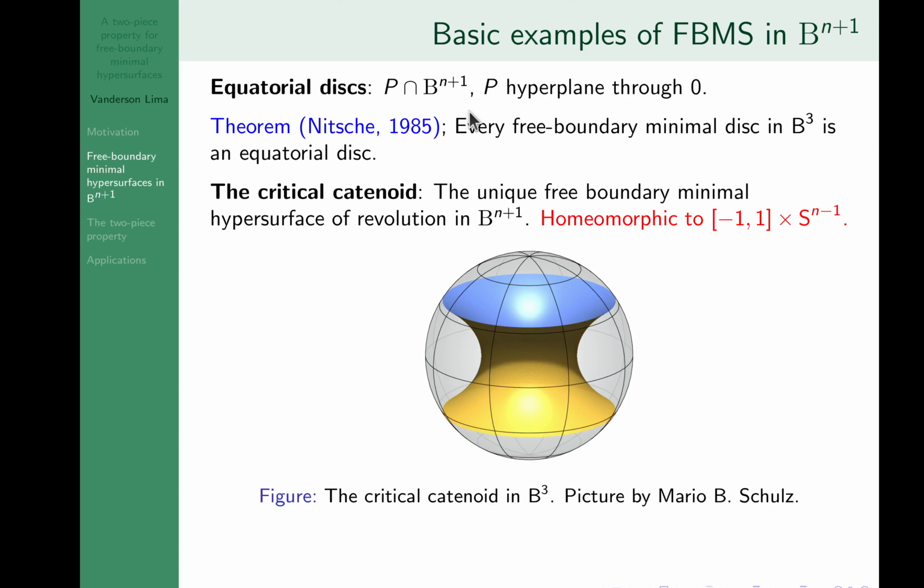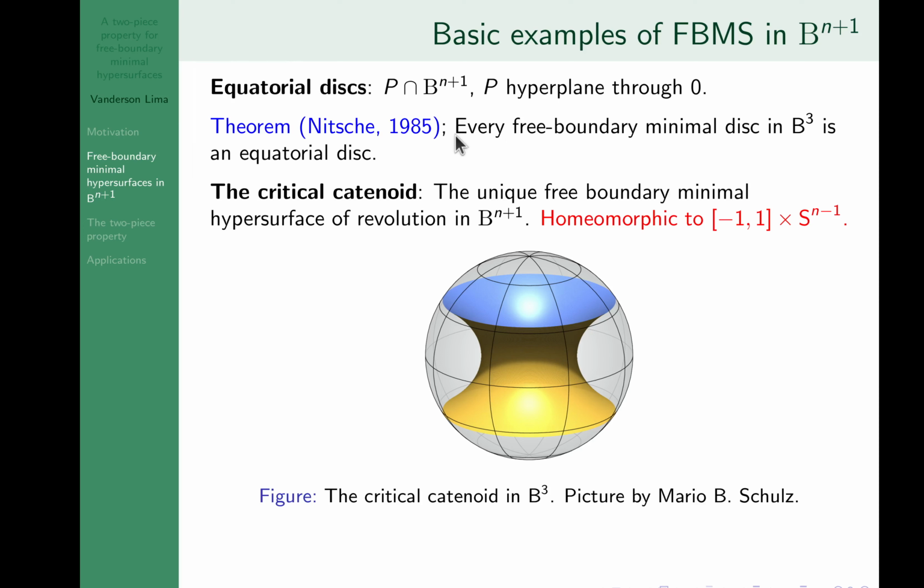So here is a sketch of the critical catenoid in dimension 3. The ball has dimension 3. So this is a picture by Mario Schulz. He was kind enough to allow me to use some of his pictures in my talk. And one observation is that these examples have a lot of symmetries.